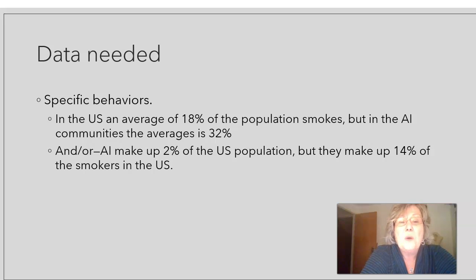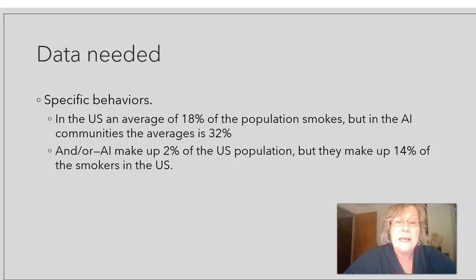So again, if you have a specific behavior in your grant that you have as a risk factor, these are ways to show disparity in the grant population versus the US population. You will not only need these data for this paper, but you will also need them for the next paper.